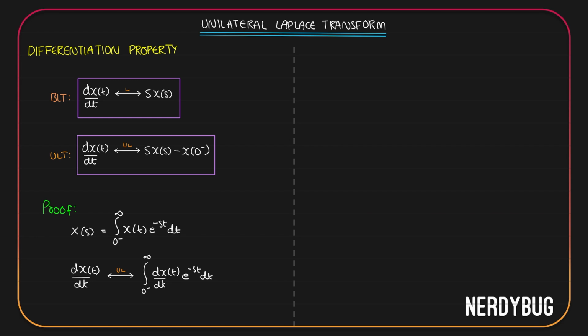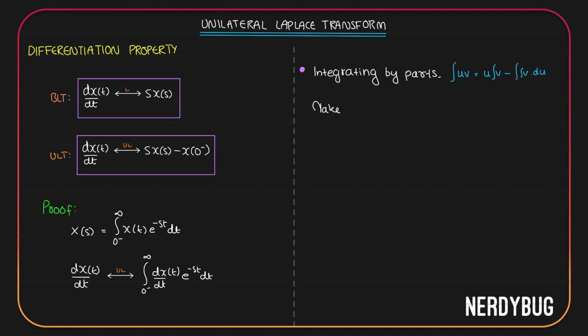Inside the integral, we have two functions, d by dt of x of t and e raised to minus st. We are going to use integration by parts. According to this, integration of the product of u and v is the same as u times integral of v minus integral of the integral of v multiplied by the derivative of u.